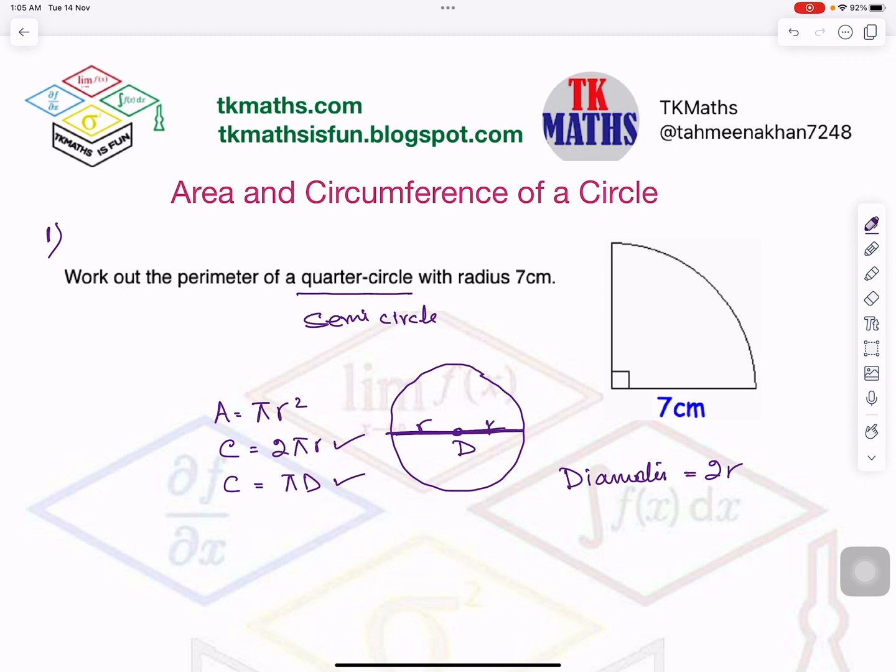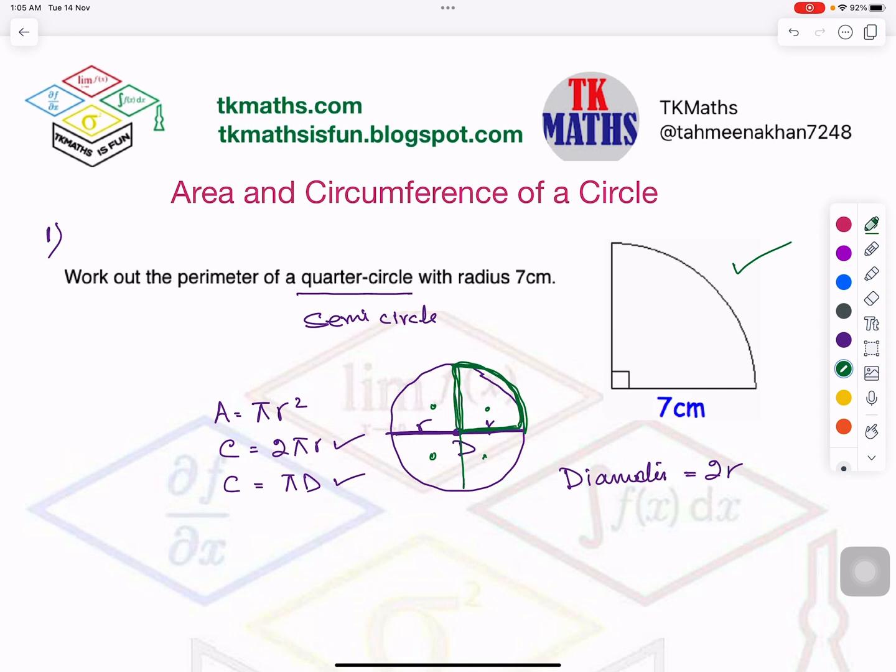When we say quarter circle, for example, look at this circle. Quarter means you are taking 1/4 of a circle. Agreed? If I divide this circle, there are 4 parts: this one, this one, this one, this one. So when I say quarter circle, it means I'm talking about one portion which is drawn here for you.